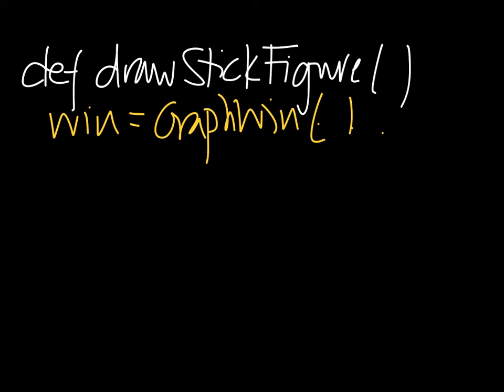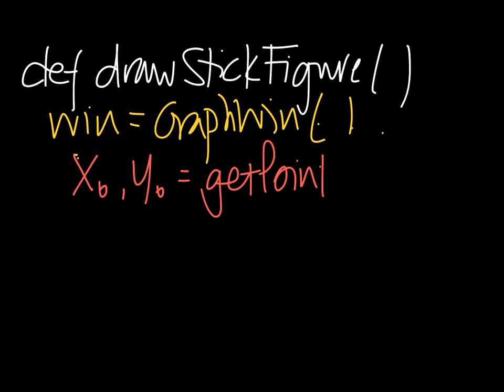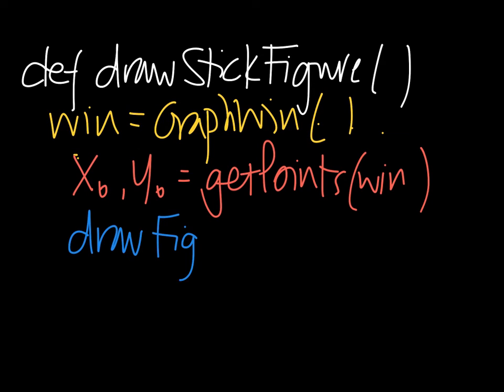One really, really simple thing to do was, instead of what we had before, where you would have a bit of code which said head equals, line equals, and so on, what happens if we simply said, let's create one function which will receive x and y, and we call it getPoints? We pass it the canvas. We'll come back to what that's doing in a second. And we pass those values into another function called drawFigure. We pass it the window, and we pass it the x and the y.